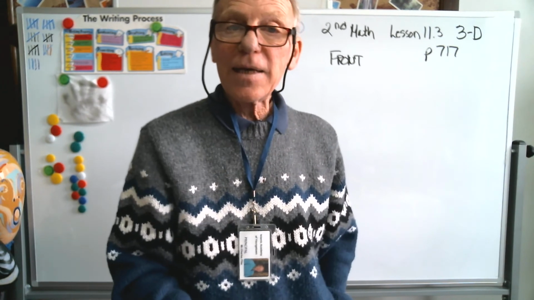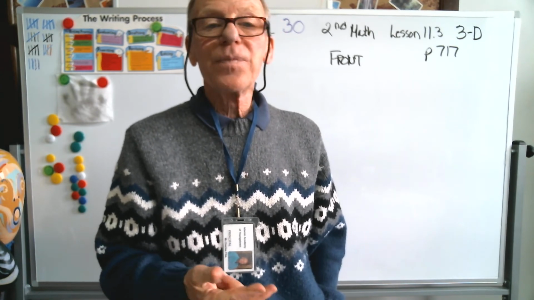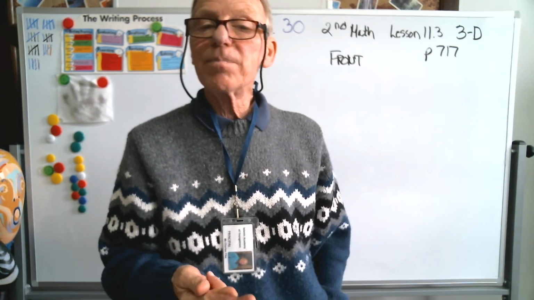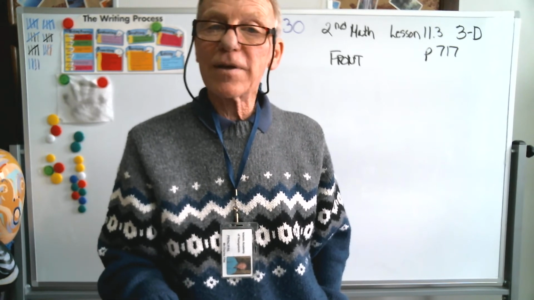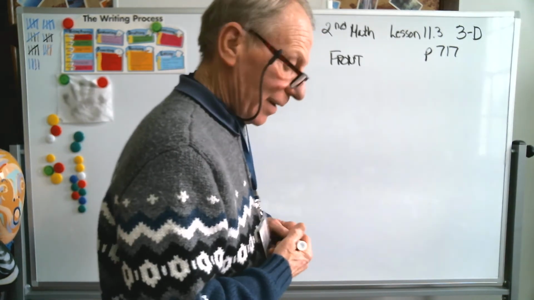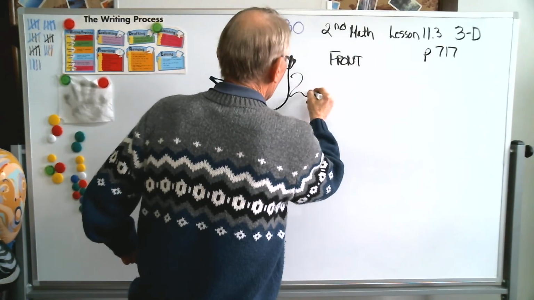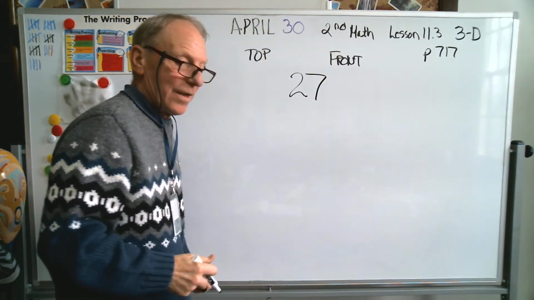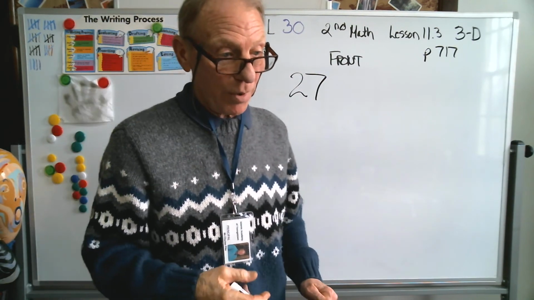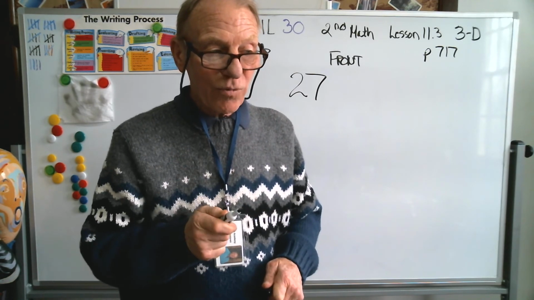So 9 plus 9 plus 9. 3 layers. 9 plus 9 is 18, plus 9 more is 27. So you know your magic number in problem number 8 is 27. So now 2 of those images below, when added together, are going to equal 27.